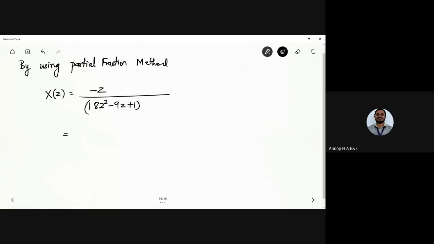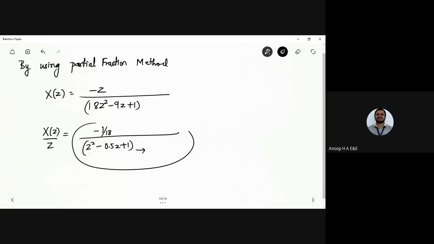I can use a calculator and find out the roots. But using the partial fraction method, keep in mind that X of z by z is minus 1 divided by, you need to take 18 as a common factor. I'll write it as minus 1 by 18, z squared minus 9 by 18 is 0.5 z plus 1. So z squared minus 0.5 z plus 1 would be the polynomial of the denominator. I need to resolve this by the partial fraction method.